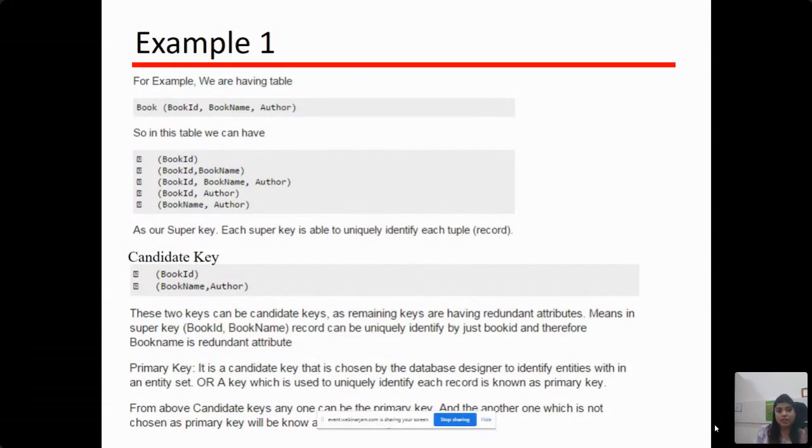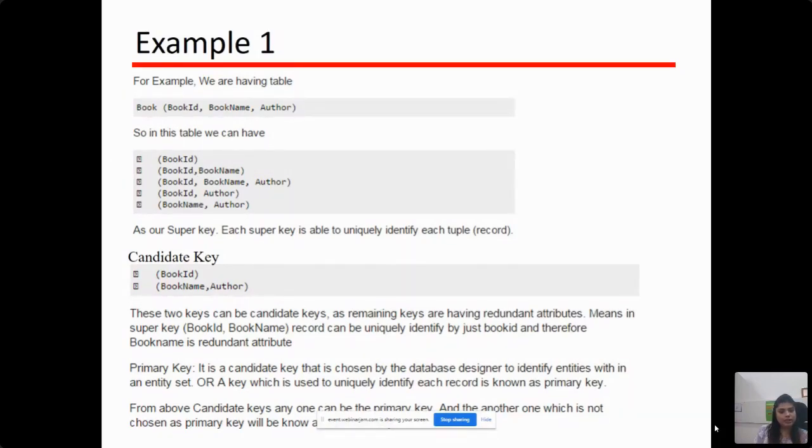Now from this, we need to identify the candidate key. The property of the candidate key is that we need to choose the minimal one out of all, which can uniquely determine an entry in the particular entity.